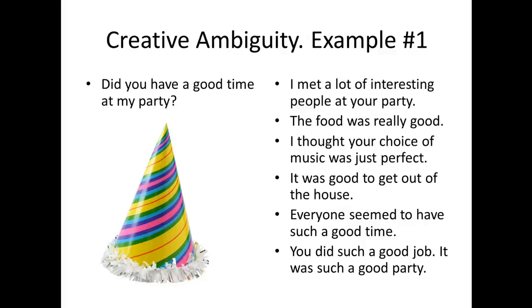Or, "It was good to get out of the house. Everyone seemed to have such a good time." Or, "You did such a good job. It was such a good party." None of that answers the question, did you have a good time at my party? When the answer is no, you may choose one of those more creatively ambiguous answers to mask your real feeling and spare your friend's feelings.